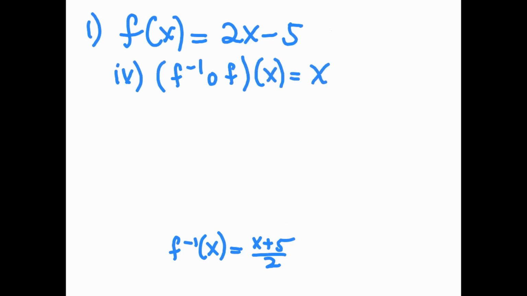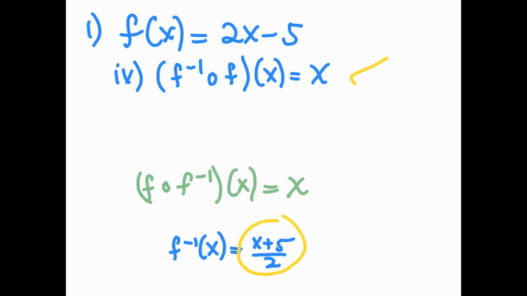And later on, we'll also show that f of f inverse of x is also equal to that variable x. Now we'll derive this equation. So f inverse again is given by this expression.